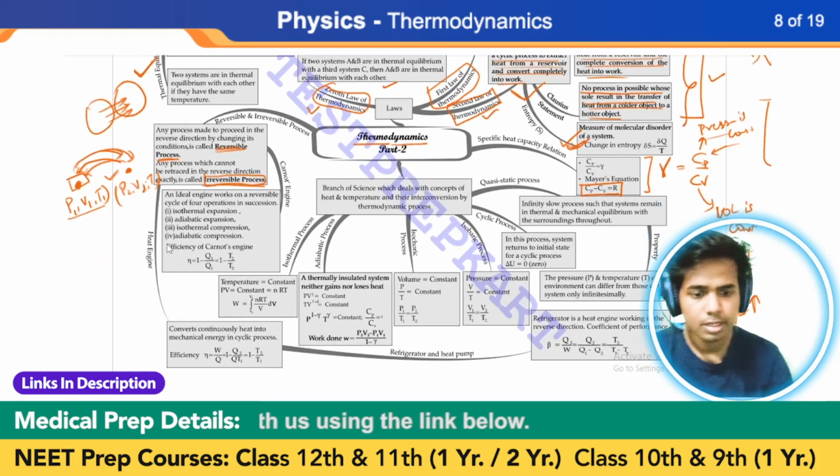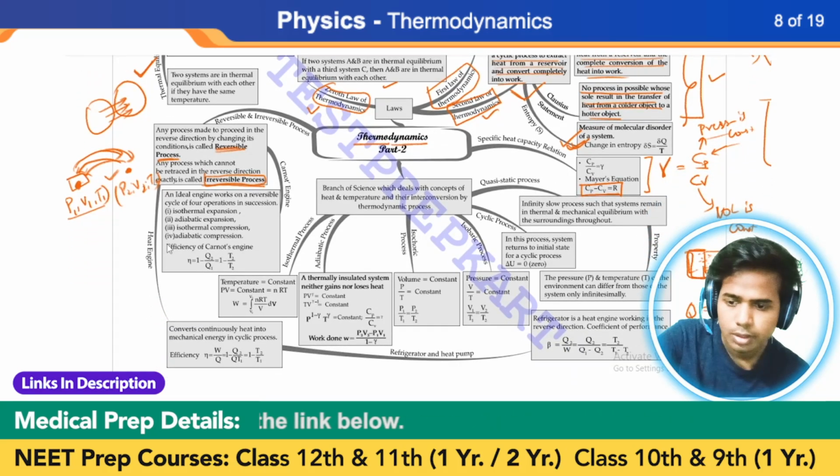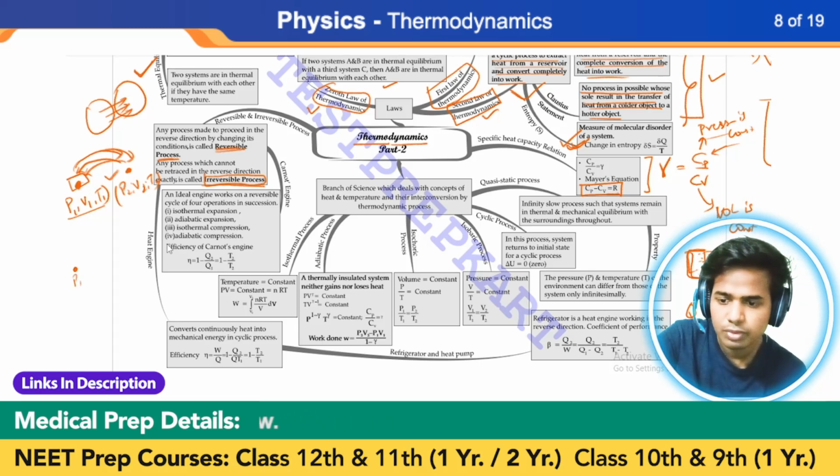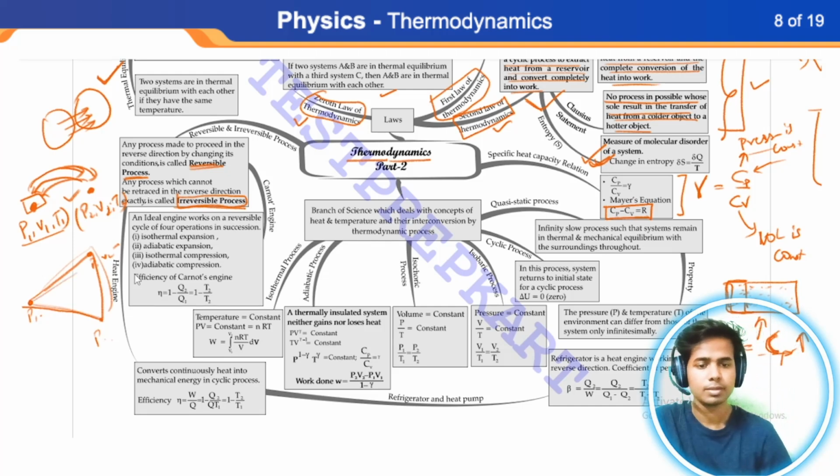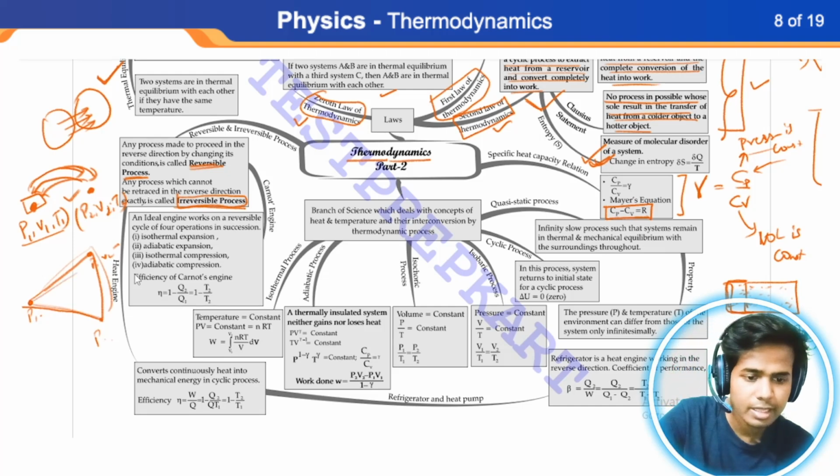Cyclic process means, let's say you have something called P1 V1 T1 and P2 V2 T2 and third P3 V3 T3. You go here and then come back. This whole thing is called a cyclic process. All right, this is called cyclic process.